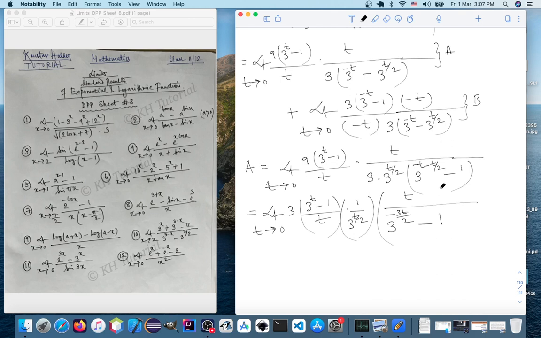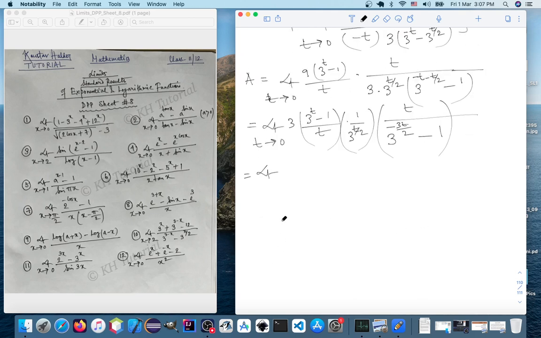So we want to create minus 3t by 2 same in the numerator, then we can apply the standard result.